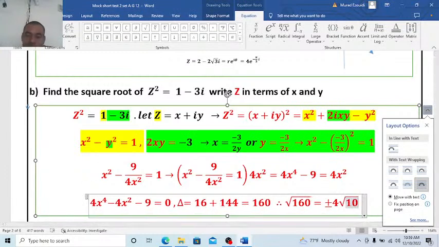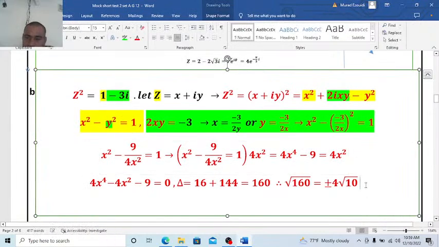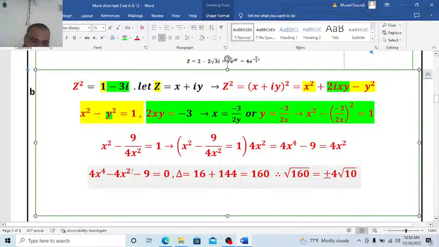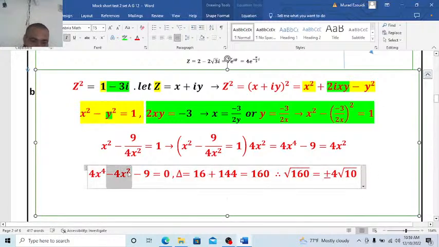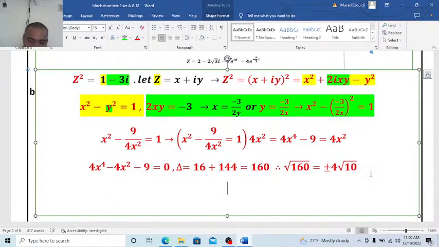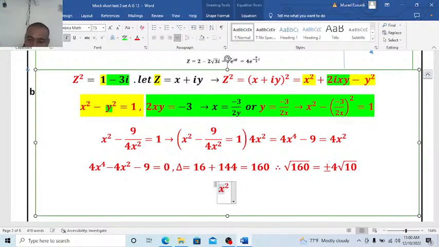Now this is the square root. To solve the question now, this one equals x square. These are the terms of x. Therefore x square equals what?